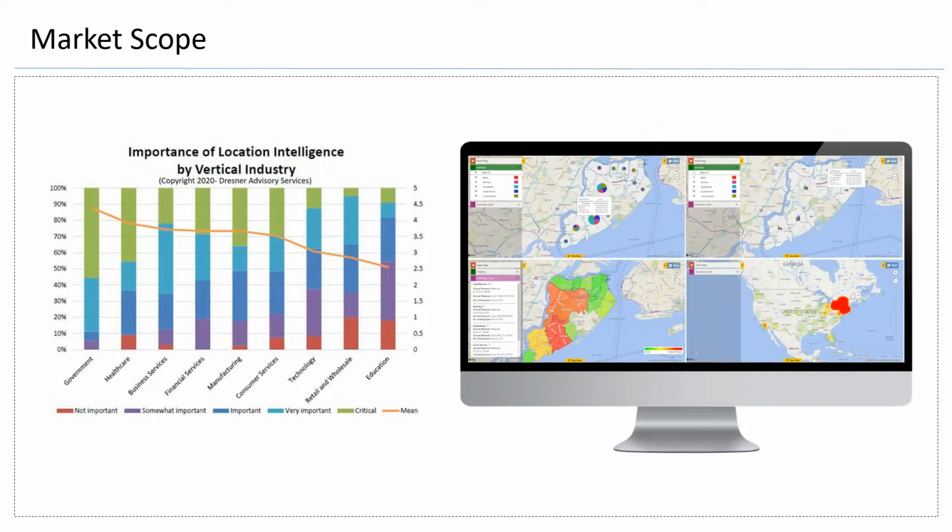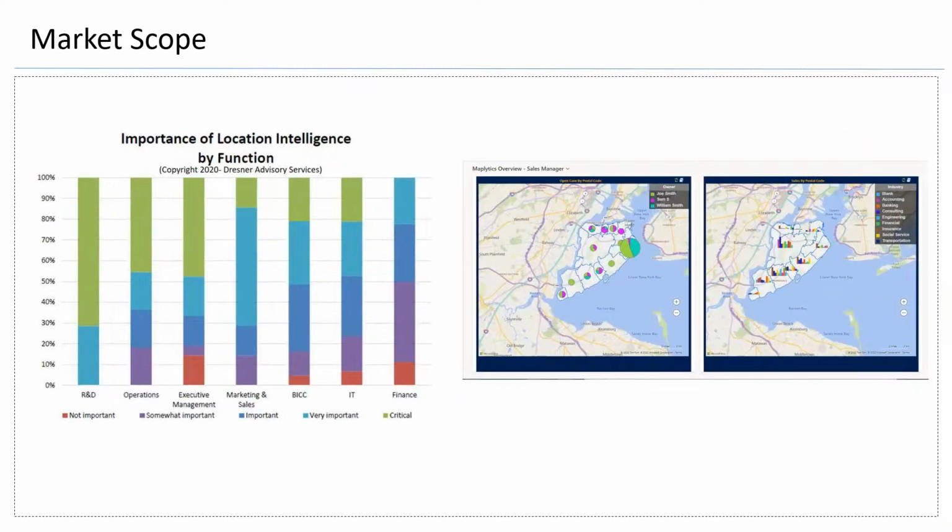Moreover, in any business, the locational intelligence is being used by the people in various job functions. It's not just limited to the C-level corporate leaders of the company, but all the people in R&D, operations, marketing and sales, and many other job functions. And they are utilizing the location information in their day-to-day work.